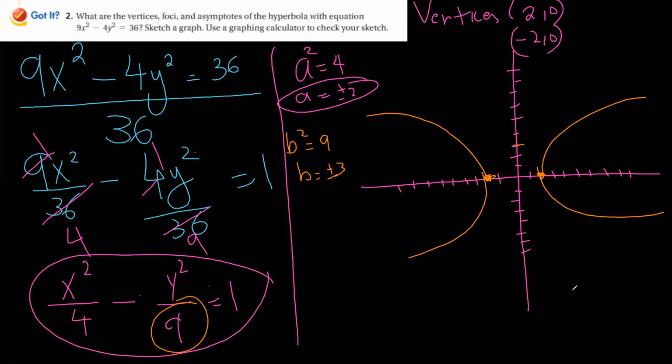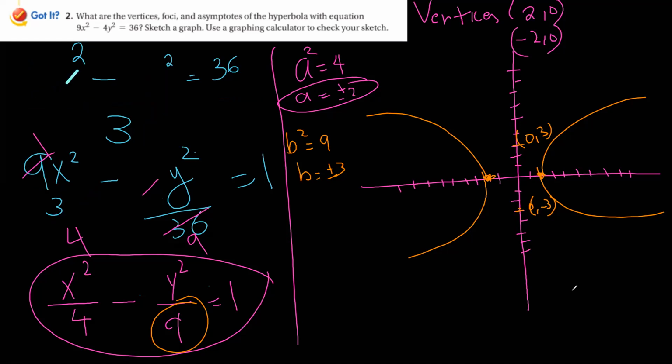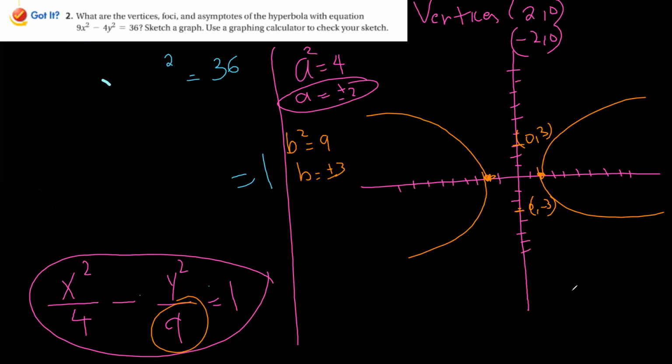Here is b: (0, 3) and (0, negative 3). Then I want to find c. To find c, I need the equation that says c squared equals a squared plus b squared.